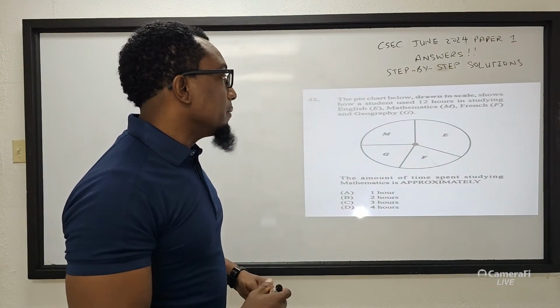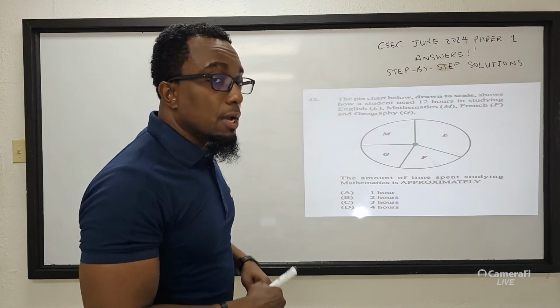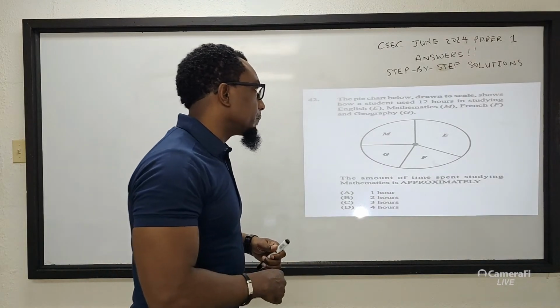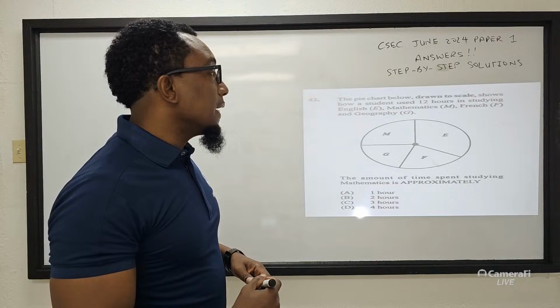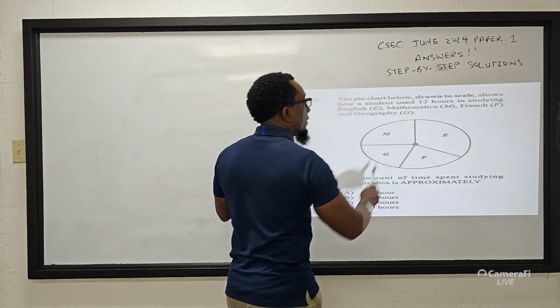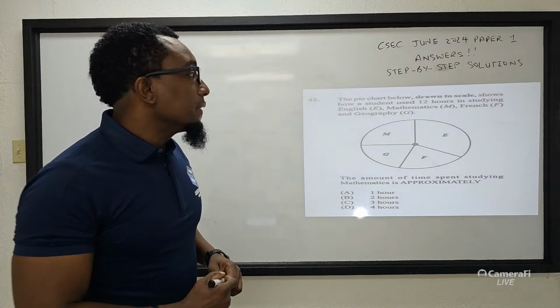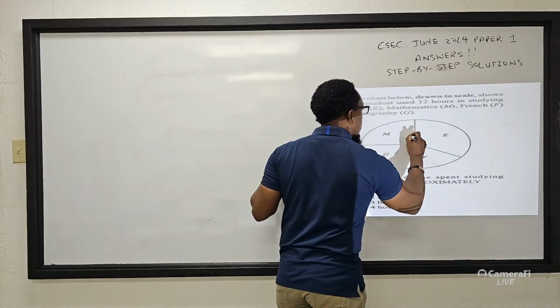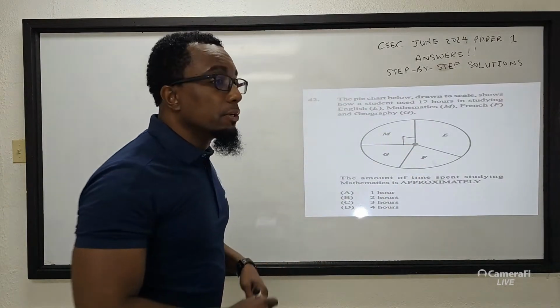The amount of time spent studying mathematics is approximately. So you want to determine the amount of time spent studying mathematics. So mathematics will be this sector, and this angle here is 90 degrees.